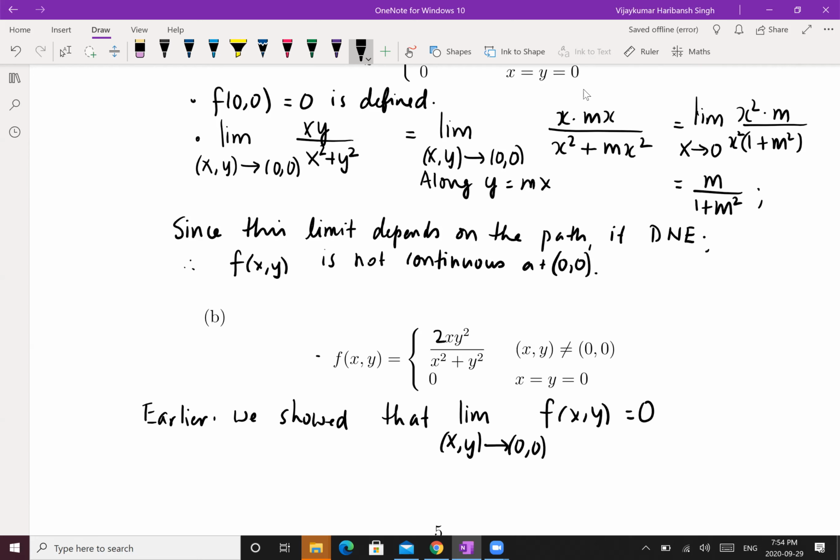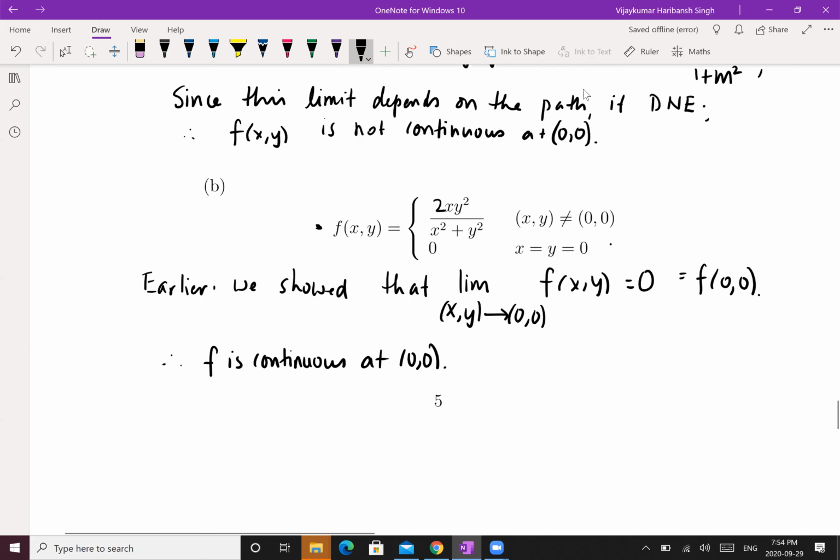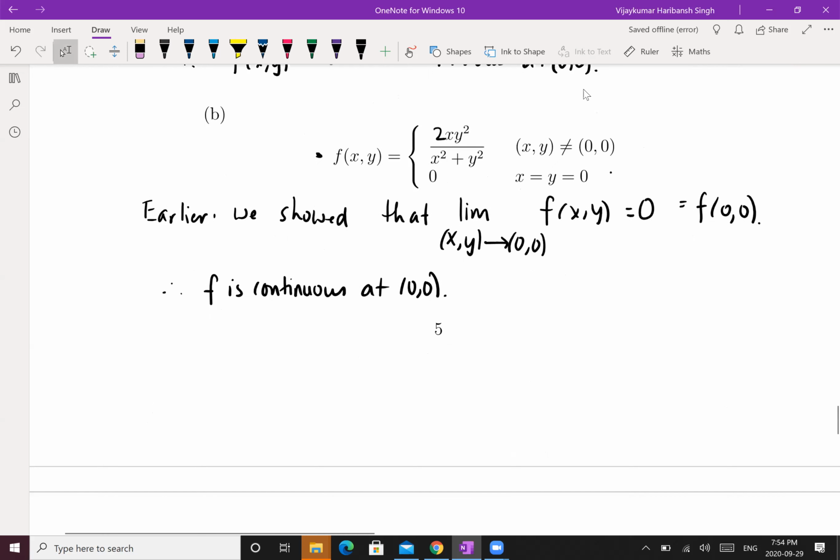And from this definition, we can see that f is the same as f of (0, 0). Therefore, f is continuous at (0, 0). Okay, so it is indeed continuous. Now, question, what paths are we supposed to take?